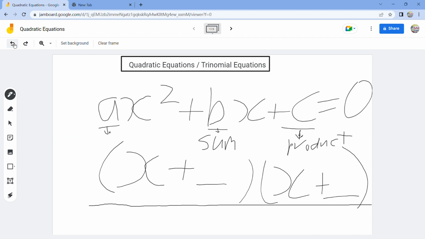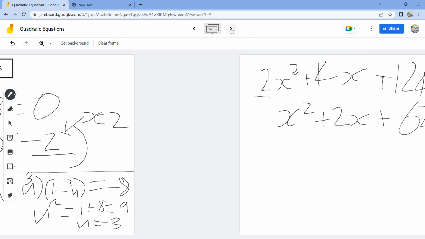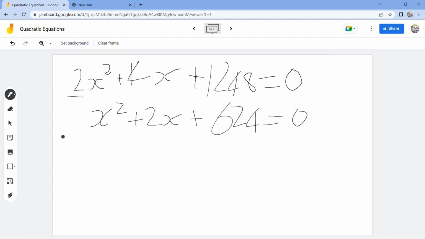Now this became our simpler equation. So at the start, this A will be the divisor, so dividing, and then now we know that B is actually the sum after dividing, and then C is the product after dividing.